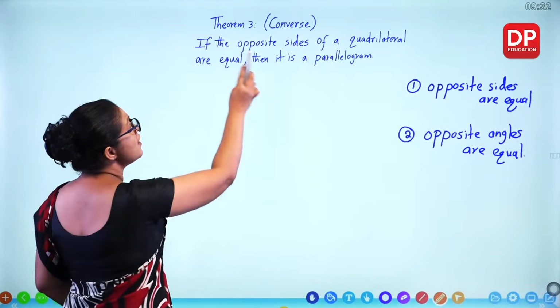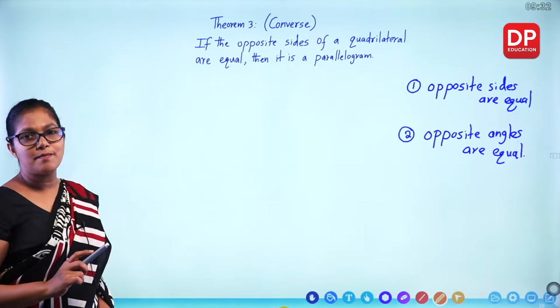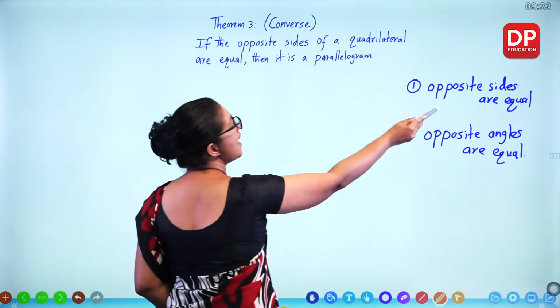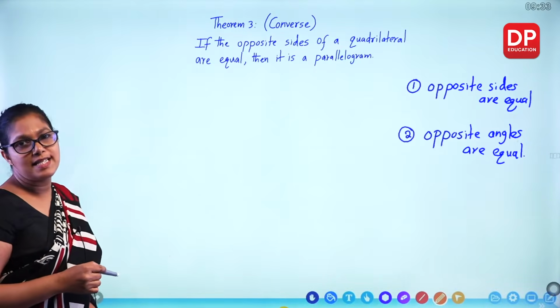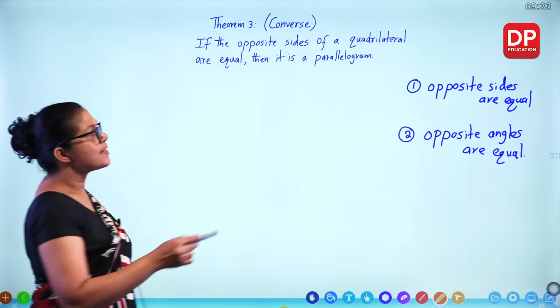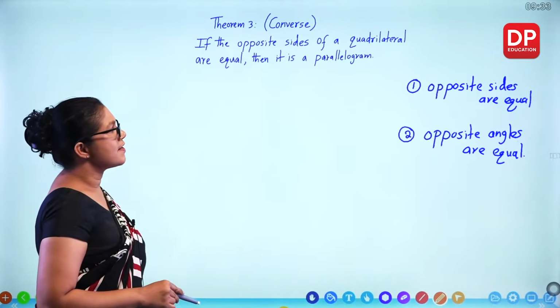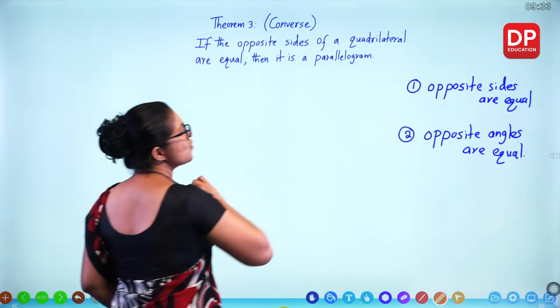And when you take the converse, the theorem says if the opposite sides of a quadrilateral are equal, then it is a parallelogram. So opposite of this, we call that the converse theorem. So we'll try to prove the converse theorem of this one.